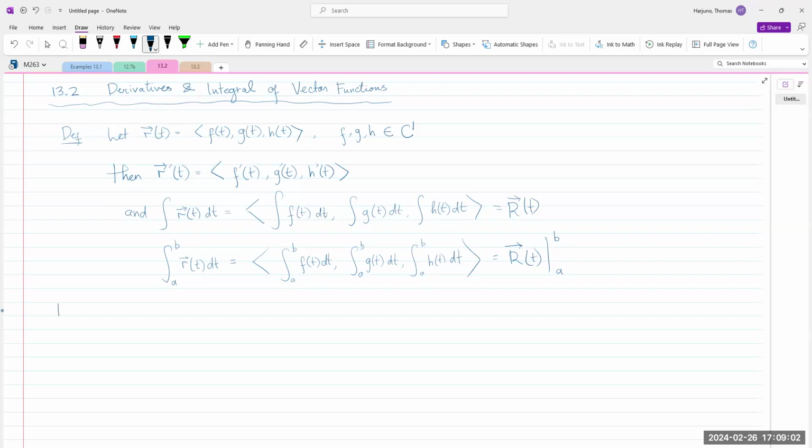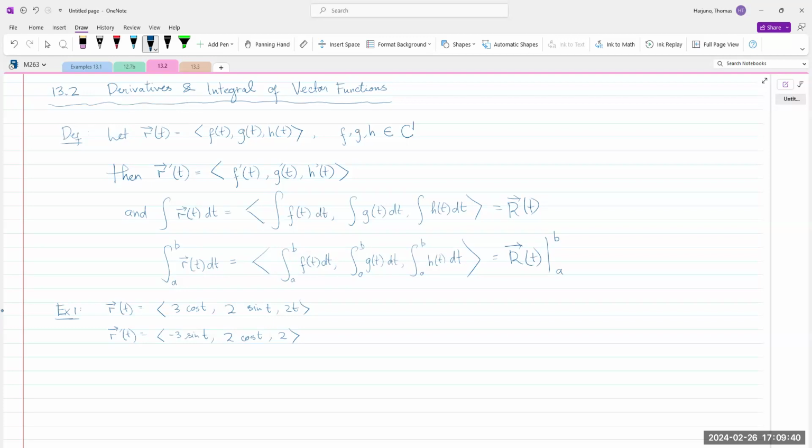Let's do a simple example to clarify, to make sure that we are talking on the same page. Suppose we have r(t) equals 3 cosine t, 2 sine t, and 2t. Then what is r prime t? That will be negative 3 sine t, 2 cosine t, and then 2.